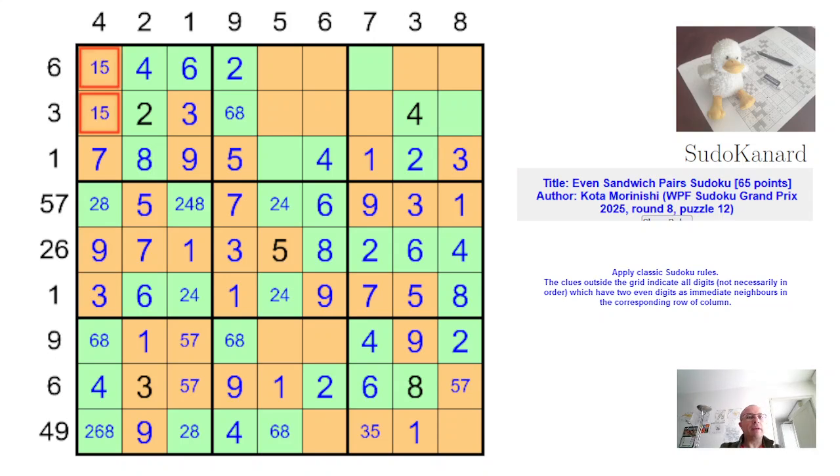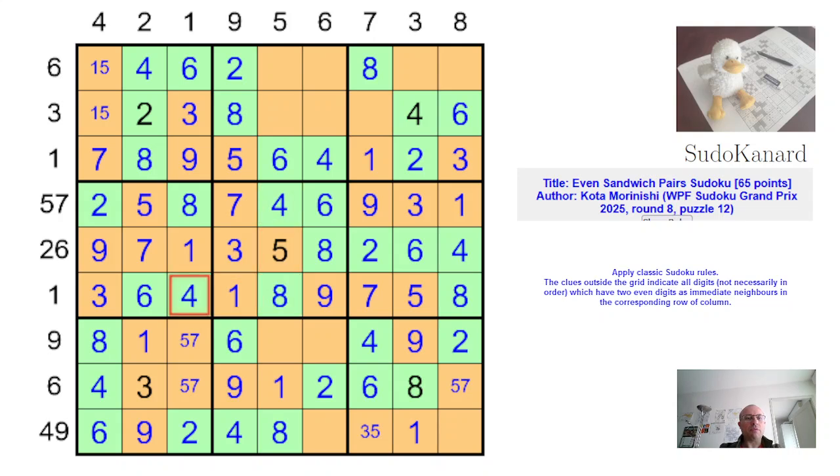Those are 1 and 5. This is a 6, so that this is 8, this is 6, this is 8, 2, 6, 8, 6. That's 8, and this is now 2. 8, 4, 2, and 4.